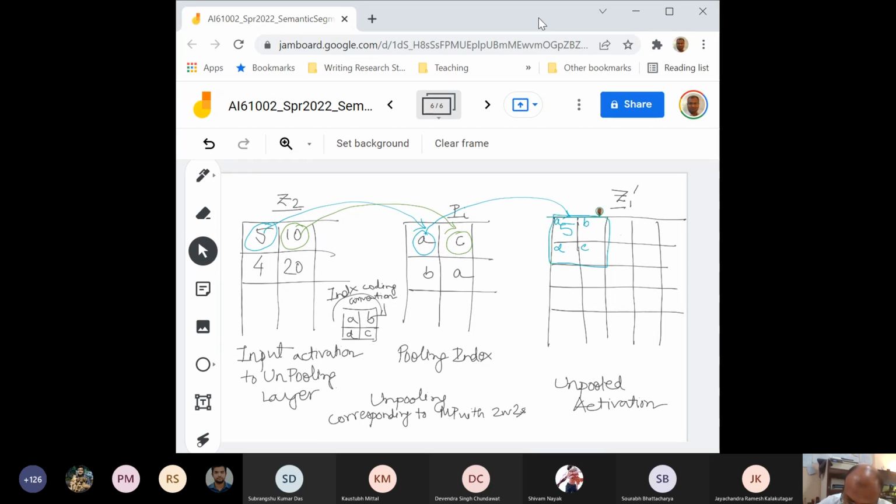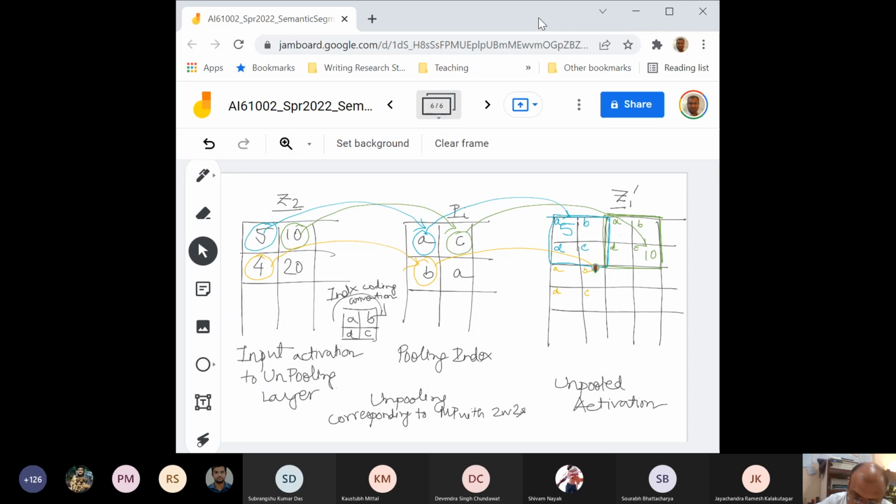Next, for the green one, it will be A, B, C, D. So this goes to C and that goes to this location. So this is going to have the value 10. Next is yellow, which is over here, which goes to the point B, and here becomes A, B, C, D. So you take this one, go over here, and place it over here.